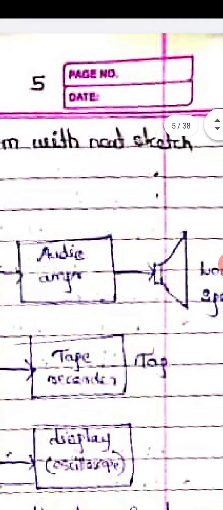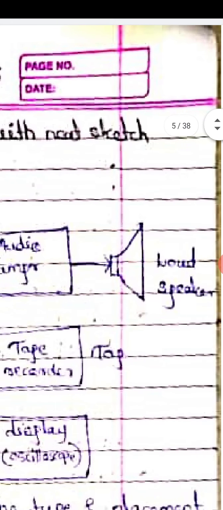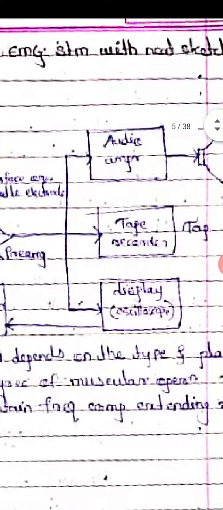Next is the tape recorder, which gives a hard copy of the signals for future reference. Then there is the audio amplifier. The electrical signals that are picked, we get in terms of sound. For that purpose they use the audio amplifier.